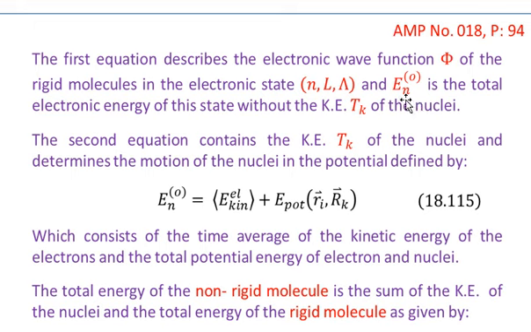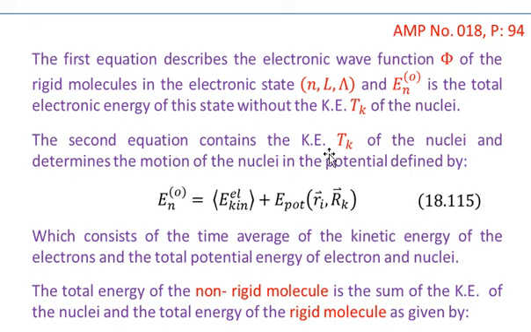And En of 0 is the total electronic energy of this state without the kinetic energy Tk of the nuclei. So excluding the total kinetic energy Tk of the nuclei, I have obtained the electronic energy En of 0 as the total electronic energy of the electronic state. And of course, the electronic state is determined by three parameters n, capital L, and capital lambda. And phi is actually the electronic wave function of the system.